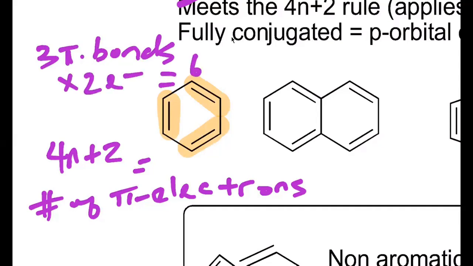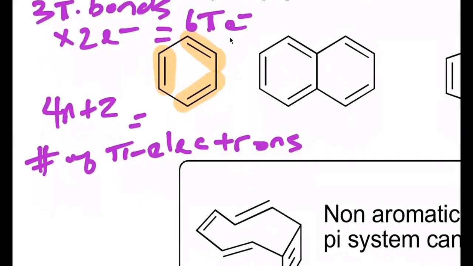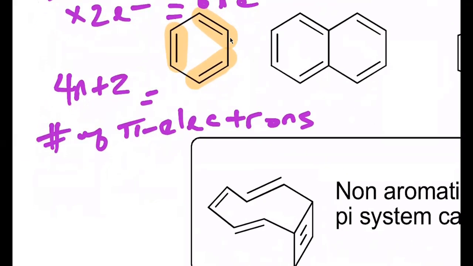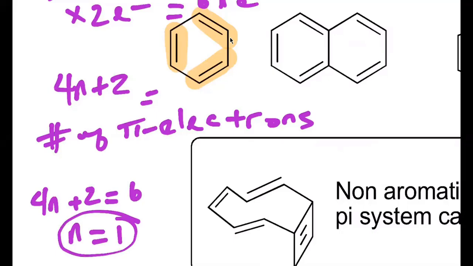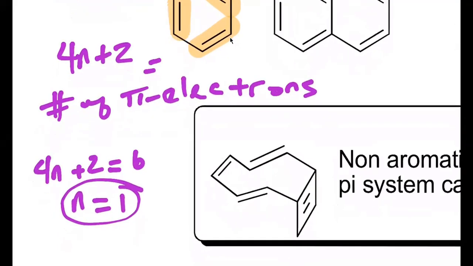So benzene has 6 pi electrons. The way that you determine if something meets the 4n plus 2 rule is you set 4n plus 2 equal to the number of pi electrons, and then you solve for n. So in this case, n is going to be 1. n has to be a whole number. If n is not a whole number, then whatever molecule you're looking at doesn't meet the 4n plus 2 rule.